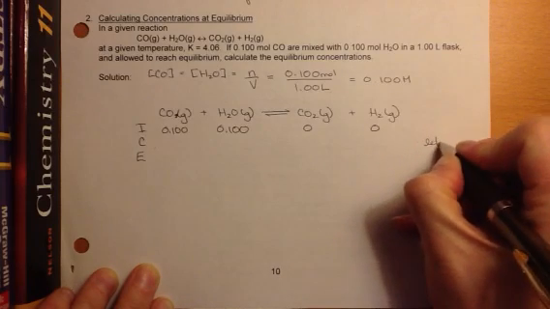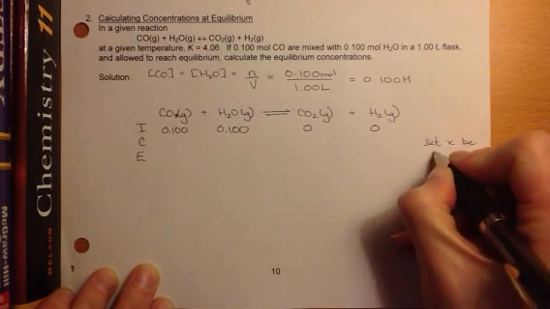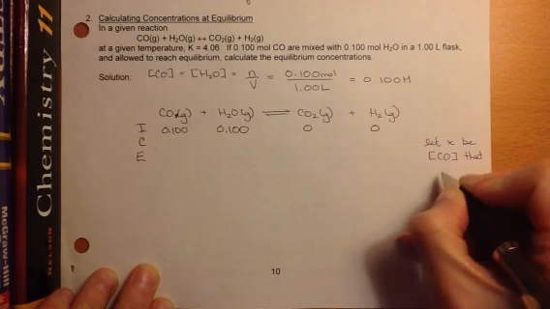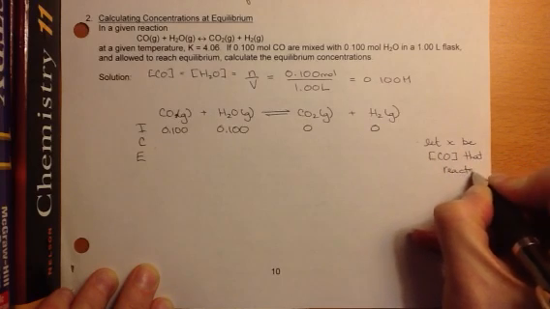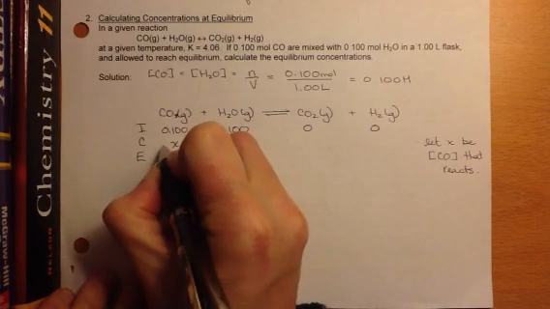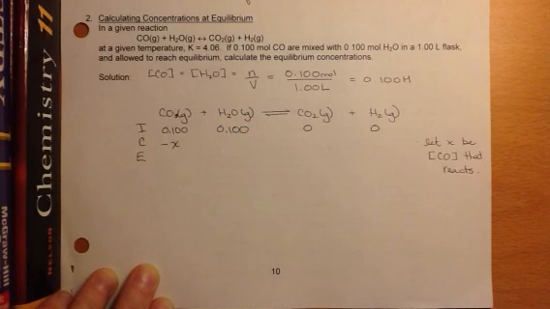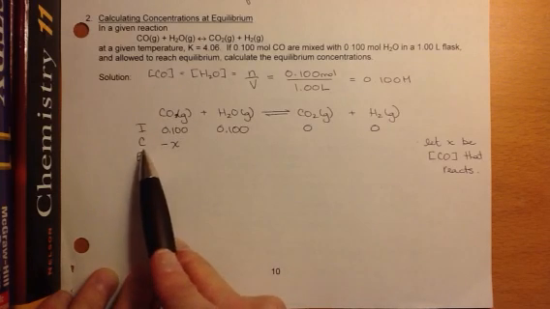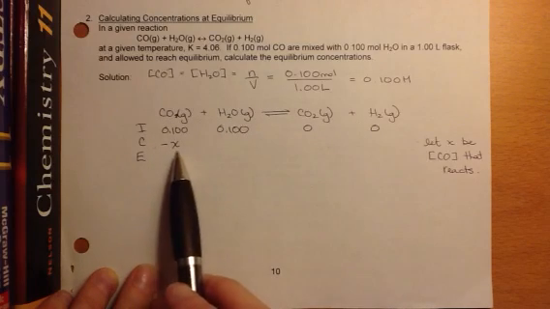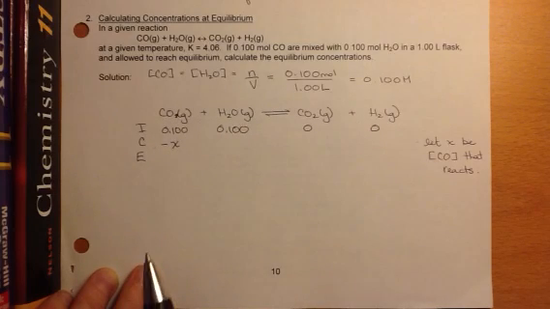So I'm going to let X be the concentration of carbon monoxide that reacts. That means under the carbon monoxide, I'm going to put a minus X value because I don't know how much of it is going to react.